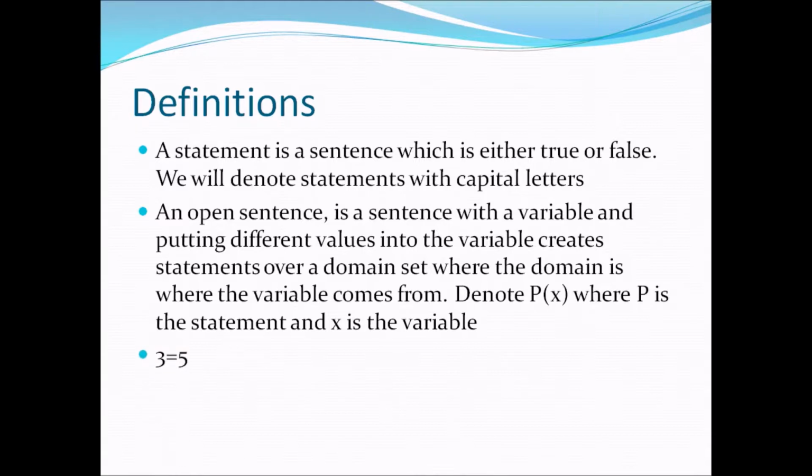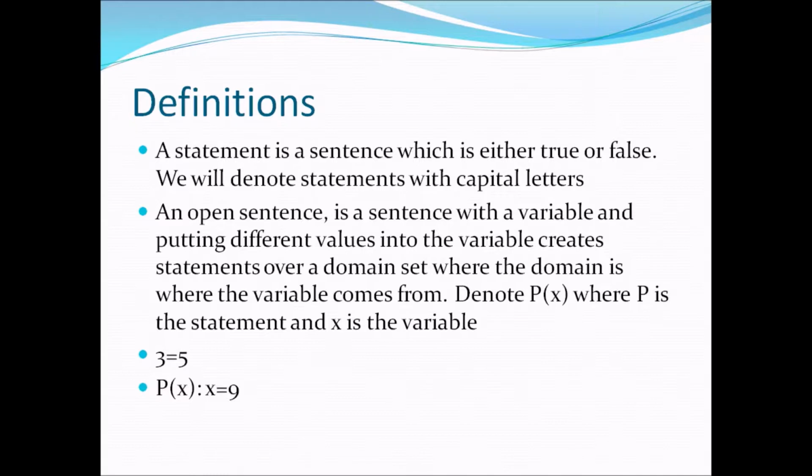So 3 equals 5. That's a statement, because it's either true or false. Even though 3 equals 5 is false, it's still a statement. P(X) is what our open sentence is going to be, and it's going to be X is equal to 9. So P(X) could be true or false, depending on what X is.